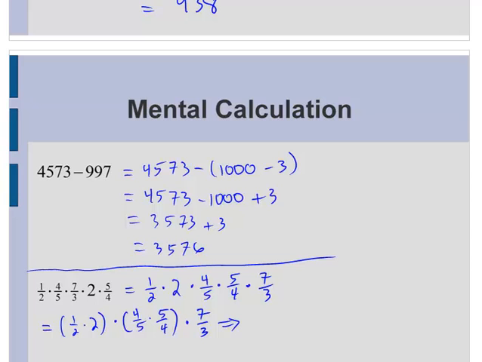Well, 1/2 times 2 is 1, because they are inverses. 4/5 times 5/4 is 1. And then 7/3 is still 7/3, and 1 times 1 times 7/3 is 7/3 by the identity property. So if you know these properties, you can sometimes use them to help you with calculations.